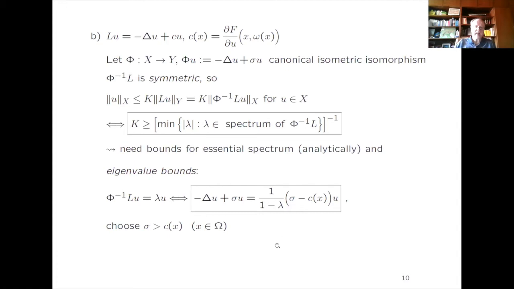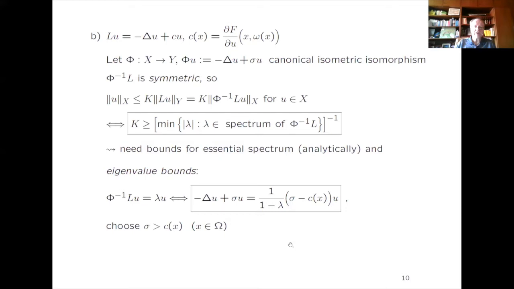Recall also that when we formulate this eigenvalue problem weakly, multiplying by a test function and partially integrating, on the left-hand side we just get the inner product in the space X. And here is some bounded bilinear form, just this factor times u times phi integrated.